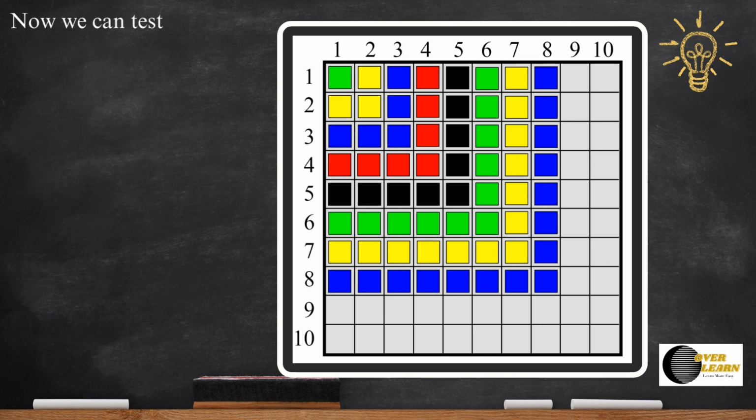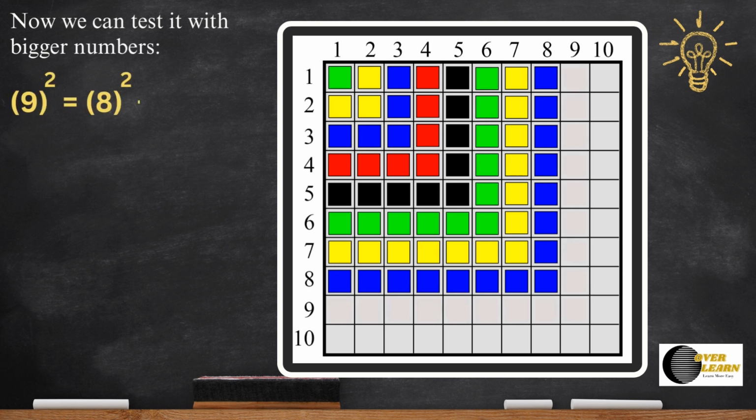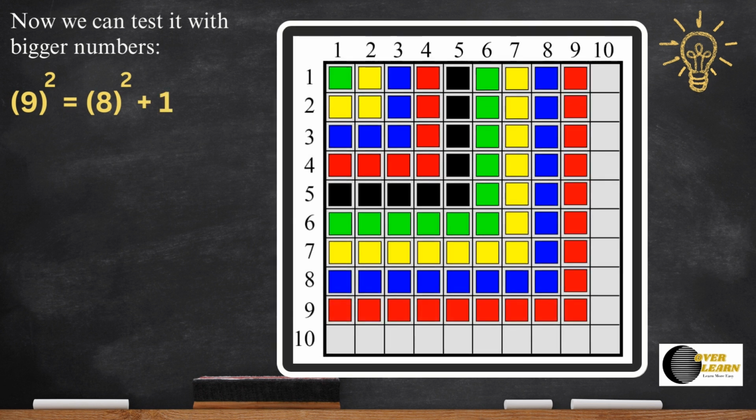Now we can test it with bigger numbers. 9 power 2 is equal to 8 power 2 plus 17. Then 9 power 2 is equal to 64 plus 17, which is 81. Right, correct.